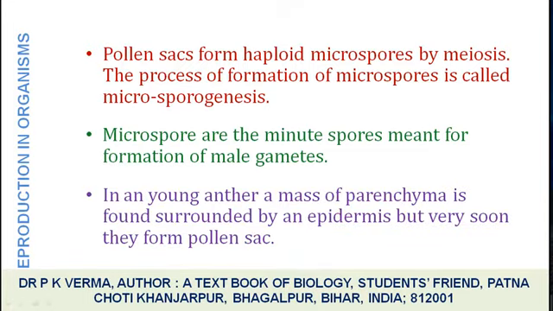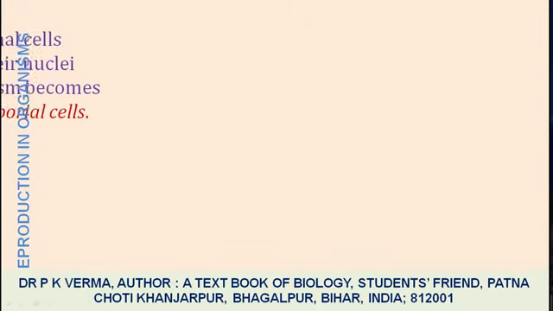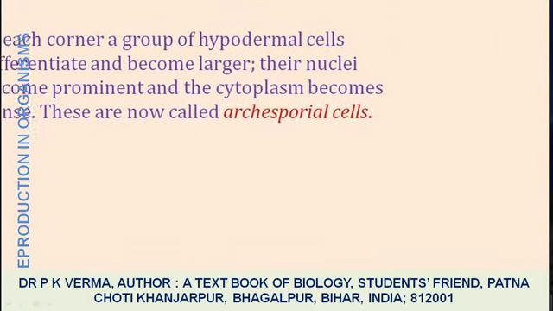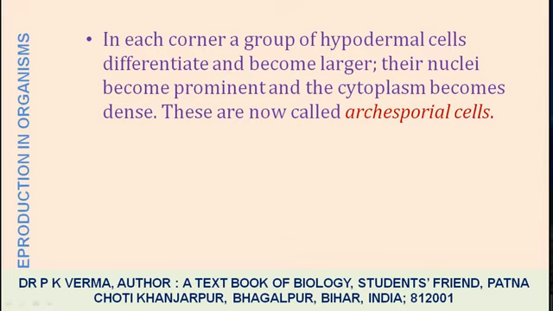In a young anther, a mass of parenchyma is found surrounded by epidermis, but very soon a hypodermis and pollen sacs develop in it. In each pollen sac, in one corner, the hypodermal cell differentiates, becomes larger, the nucleus becomes prominent, and the cytoplasm becomes dense.